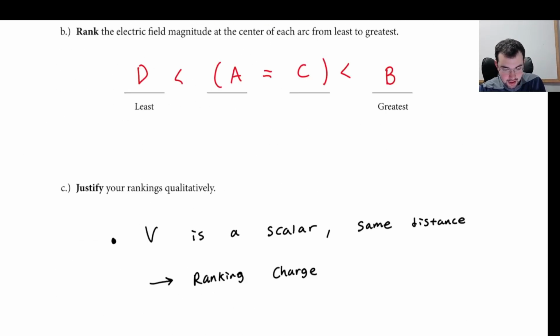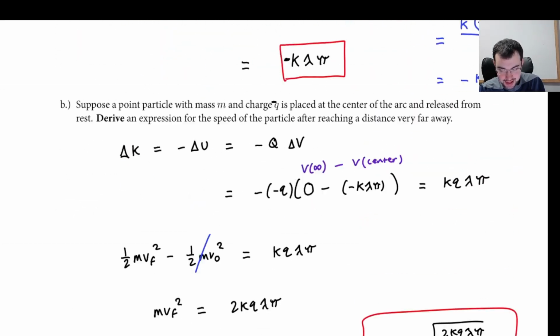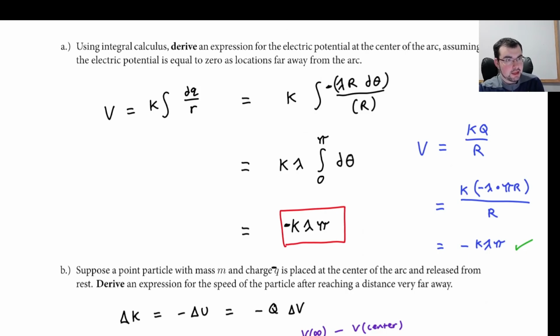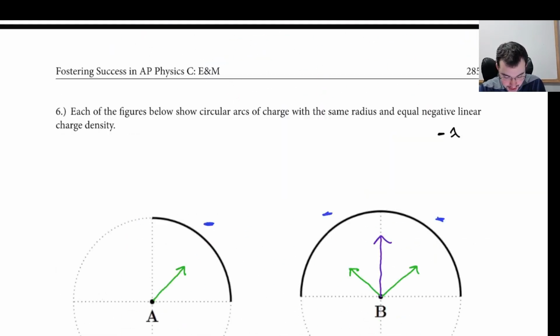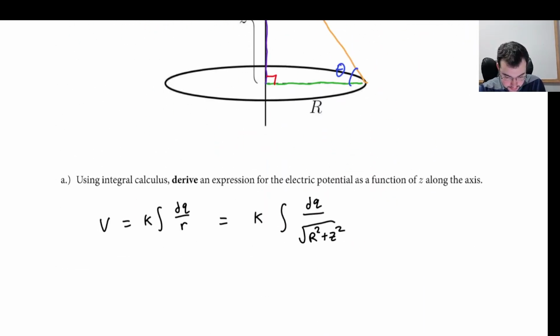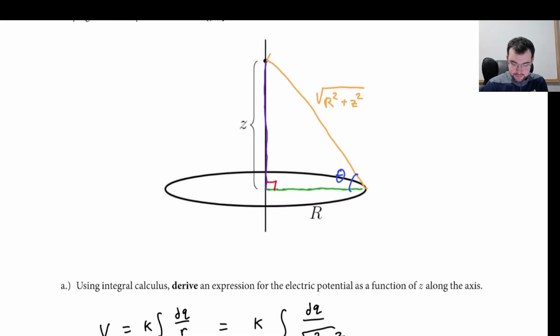Because if we looked at the arc example, we said this basically simplified to a kq over r if all of our distances were the same. And this ring is actually the same case, where it's just a kq over r. Because notice that what I'm doing is I'm basically just sweeping around the arc at this angle.